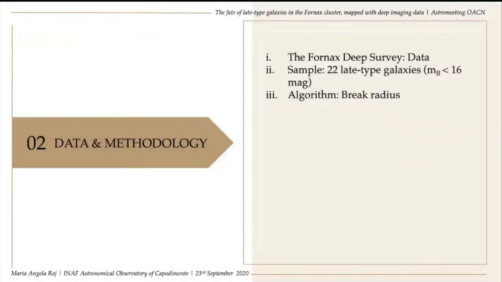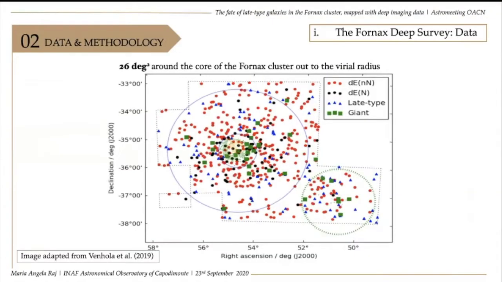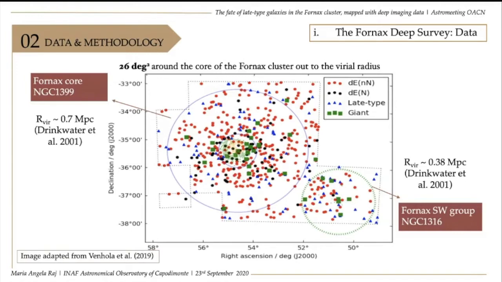Moving on, I will briefly describe the Fornax Deep Survey data, the sample, and the algorithm used to detect disk breaks. The Fornax Deep Survey observes 26 square degrees of the Fornax cluster. We have the Fornax core centered on NGC 1399 and the Fornax Southwest group centered on NGC 1316. The virial radius is indicated in both cases here.